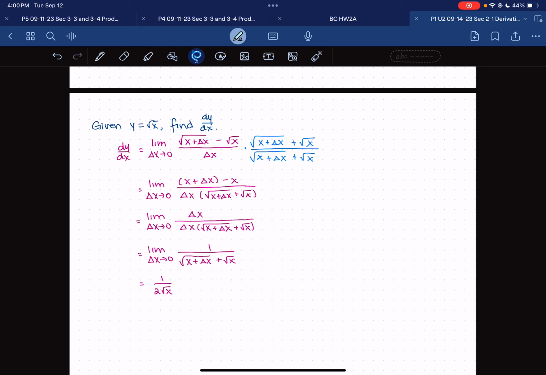If I tried to first do this, the x plus delta x version, it works. I get down to here, and then when I go ahead and evaluate at x equals 9, plug in a 9 here, I'm going to get that same value of 1/6.